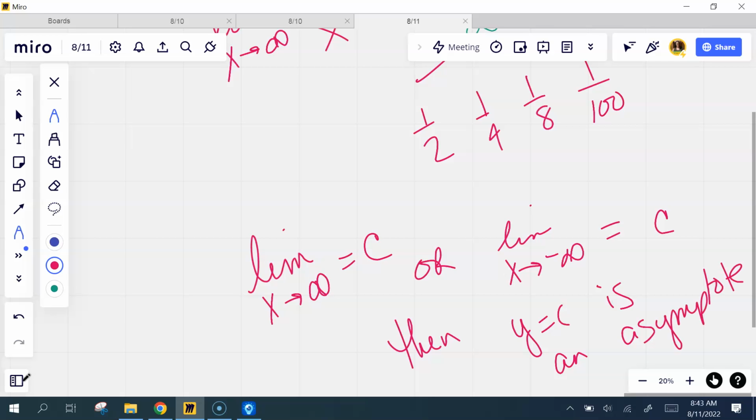Horizontal asymptote, we talked about that I think in pre-cal, at least we did yesterday or the day before yesterday. But as you go to infinity, if you approach a constant, what you have is a horizontal asymptote. Notice I said or here because it could go either side. Remember we encountered some kind of crazy graphs that might have asymptotes on different sides.